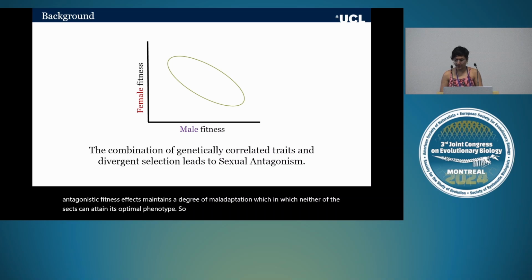So it plays quite an important role in the maintenance of fitness variation, and it's an important driver in the evolution of sex chromosome differentiation as well.